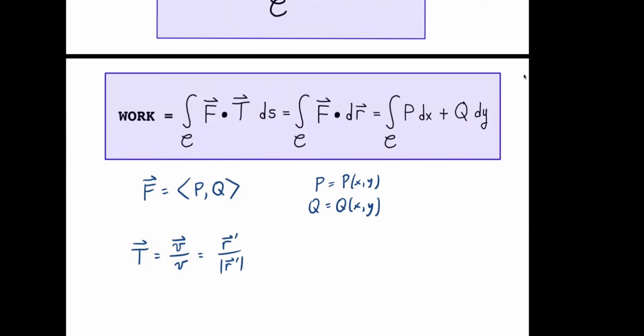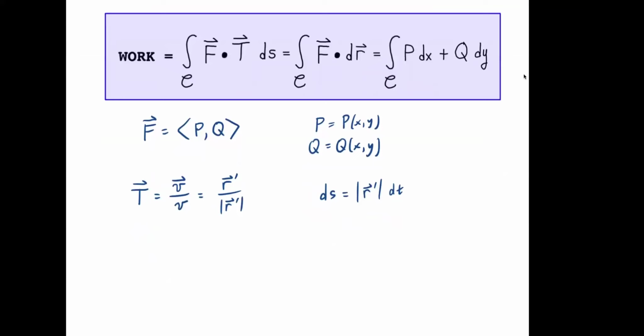Okay, and on the other hand, we've already seen before that ds is equal to the speed times dt. So at least formally, if we have T times ds, the unit tangent vector times ds, this is r prime over the length of r prime times the length of r prime times dt, or r prime dt.